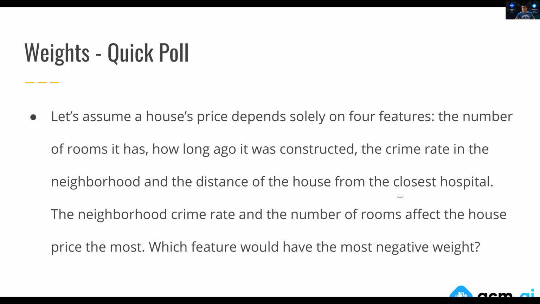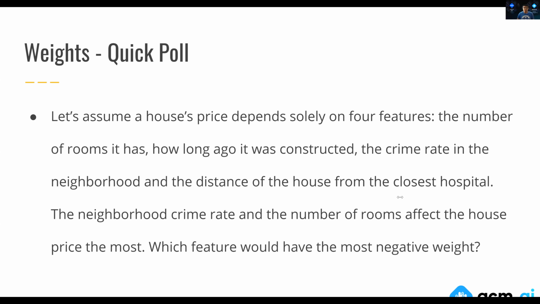When we see negative, the first thing we have to think about is that if the weight is negative, that means the house's price is negatively correlated with the feature we're looking at. Obviously in this case, it's going to be the crime rate and how long ago it was constructed, based on logic. And when we say the most negative weight, that means the magnitude of the weight needs to be the highest possible, because the weights that influence the price of the house the most will have the highest magnitude.